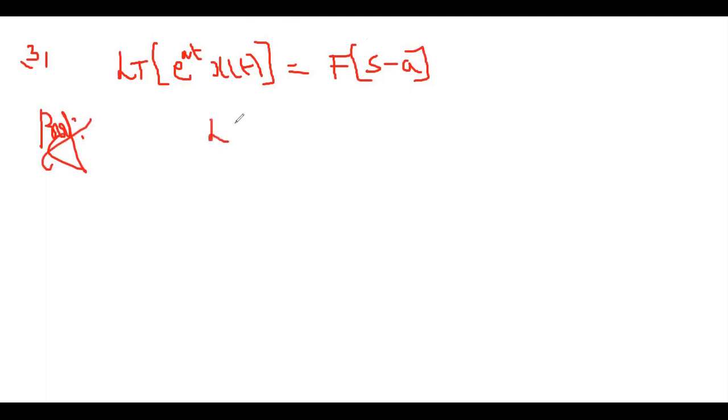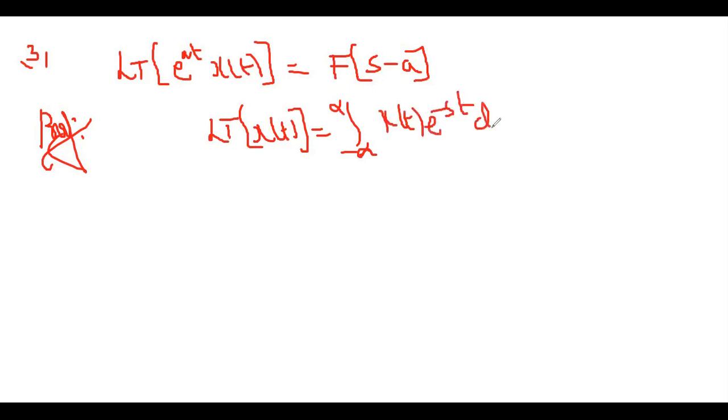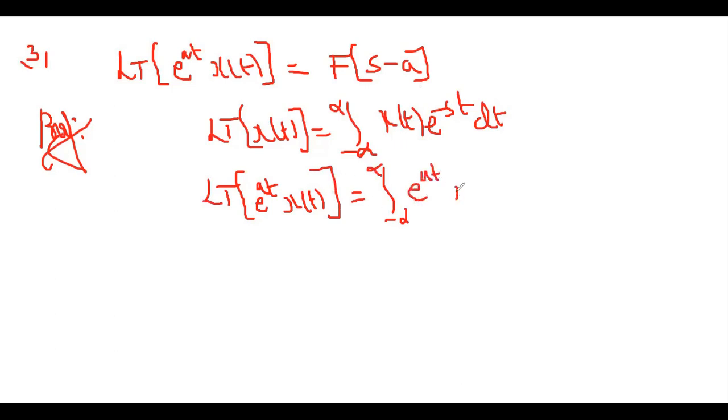What is the definition saying? The Laplace transformation of x of t is equal to the integral from minus infinity to infinity of x of t e power minus s t dt. Instead of x of t, I'm taking e power a t x of t, so it is the integral from minus infinity to infinity, substituting e power a t x of t as the signal, with e power minus s t dt.